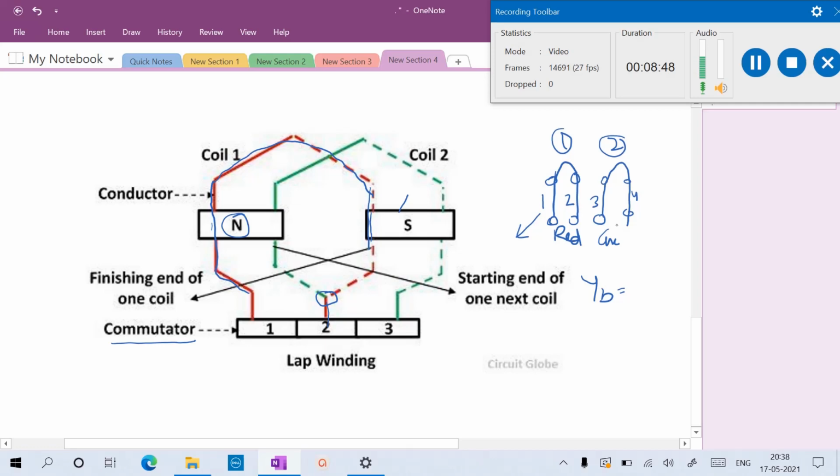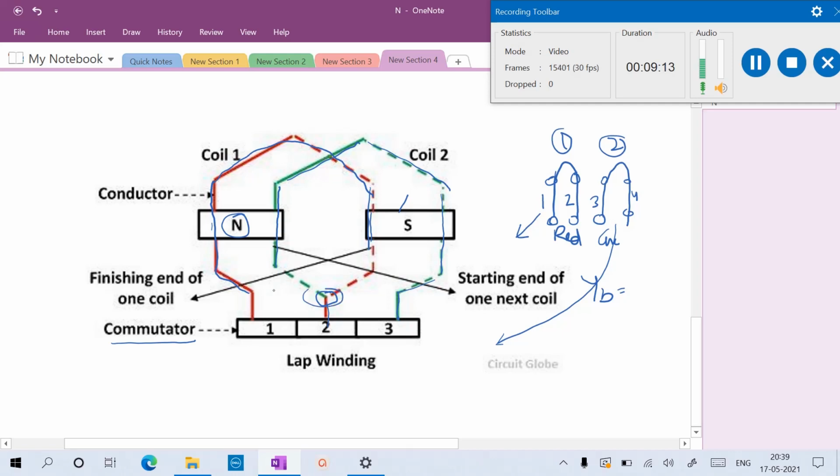Now let us take the second coil, which is placed in the second slot, and with the same back pitch is connected to the adjacent slot, the third slot. The first coil's conductor and the second coil's first conductor should be connected here.